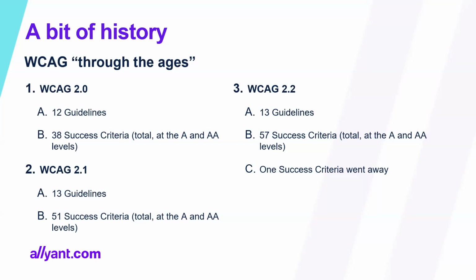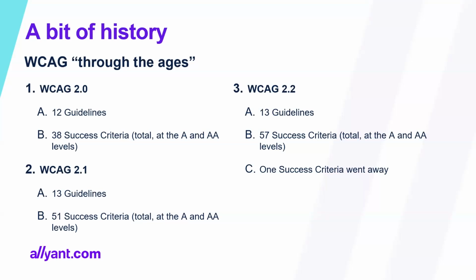So that said, WCAG 2.0 had 12 guidelines and 38 success criteria at the single and double A level. And then in WCAG 2.1, there are now 13 guidelines, so one was added, and 51 success criteria, again at the single and double A levels.